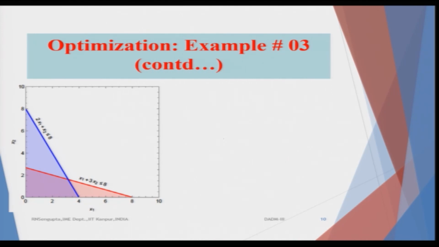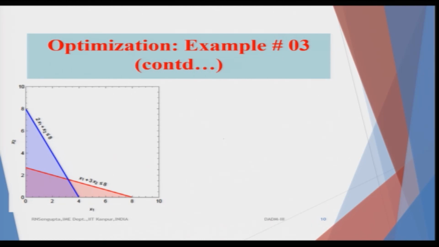If you want to find out which side of the line the region lies on, you put 0 in the left hand side for x 1 and x 2, and you find it is less than 8. So obviously 0 would be included in the feasible region, corresponding to that line, which is the blue one you see here.